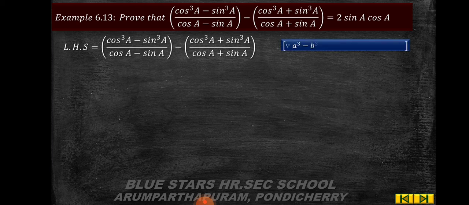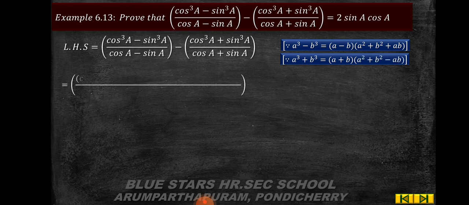We know the formula of A cube minus B cube is A minus B into A square plus B square plus AB. And A cube plus B cube is A plus B into A square plus B square minus AB. So substitute the formula.